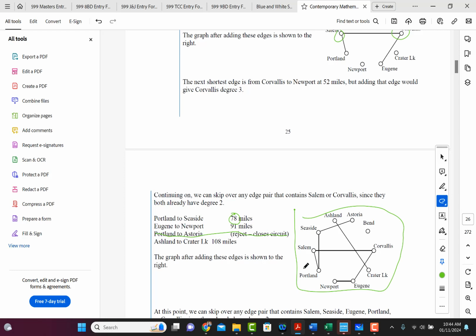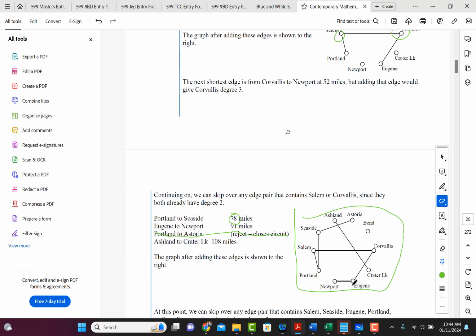All right. So far, so good. Now, what we're going to do is we can ignore, obviously, Corvallis and Salem, and now we can ignore Portland as well, because now that's got two edges.